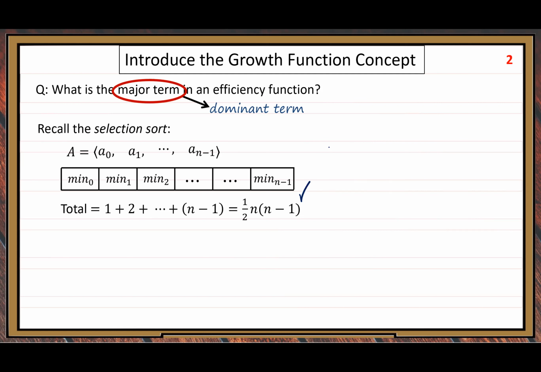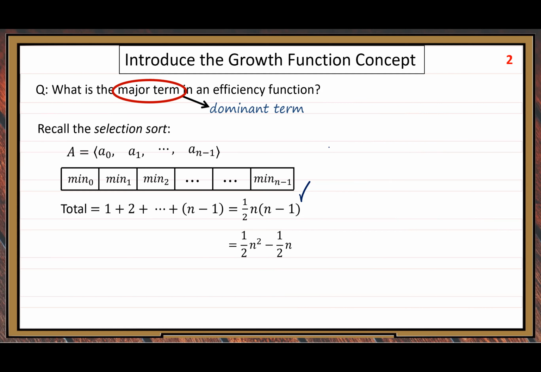If we multiply out, we expand this polynomial. Yeah, this is a polynomial. We expand it, so we have two terms. The first term, 1/2 times n squared. And the second term, 1/2 times n, minus, the difference of these two terms.